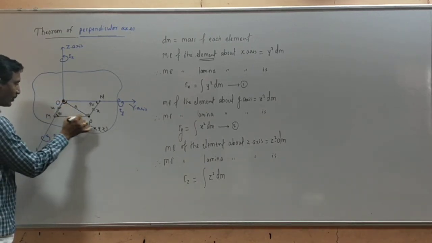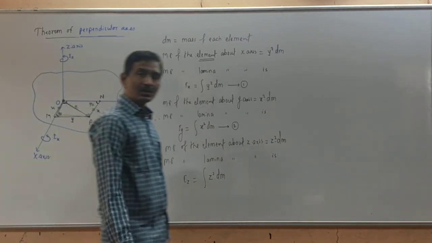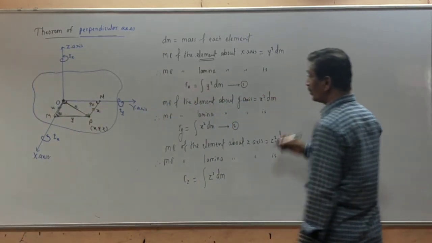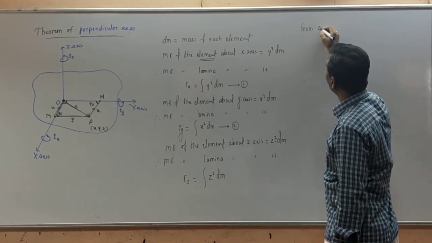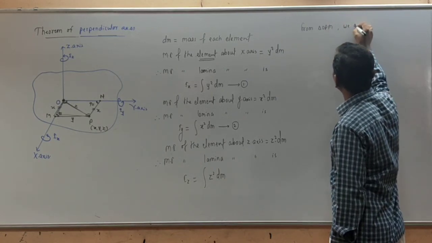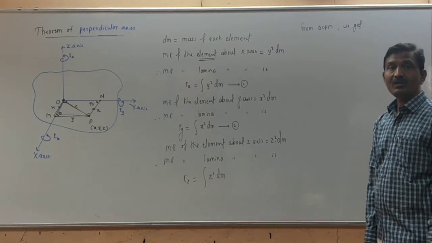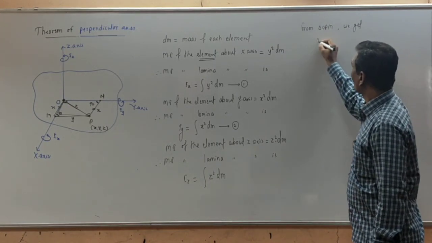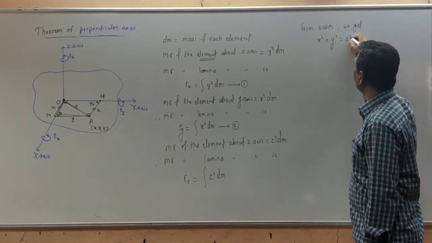Apply the Pythagoras theorem for the triangle OPM. So from triangle OPM we get x square plus y square is equal to z square.